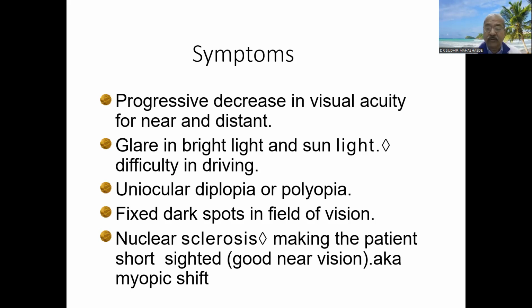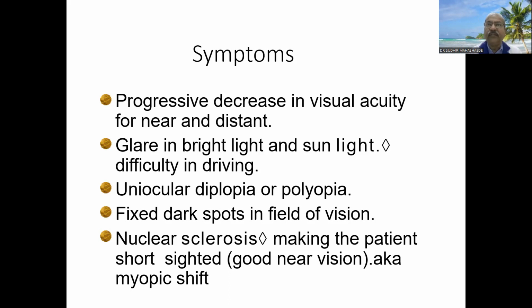Nuclear sclerosis makes the patient short-sighted with good near vision; there is a myopic shift. So the patients mainly do not complain of any difficulty in vision, especially reading, because in their day-to-day life, if they were hypermetropic and now they are becoming myopic, they are able to see clearly for near, although their distance vision may be less.